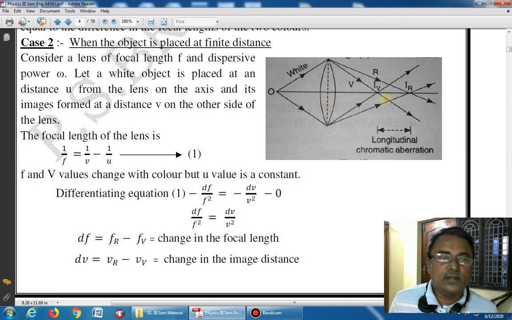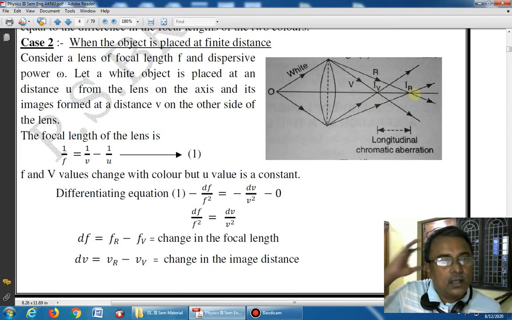The lens will disperse the light into 7 colors, and different colors will take different angles of refraction and meet at different points on the principal axis on the right side of the lens. Let Ir and Iv be the images formed for different colors.